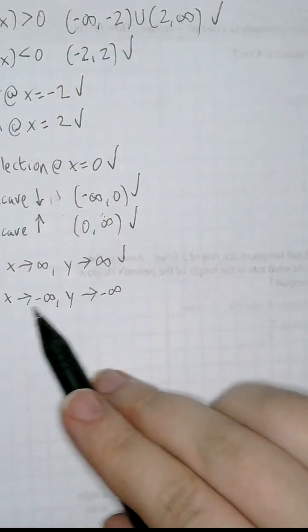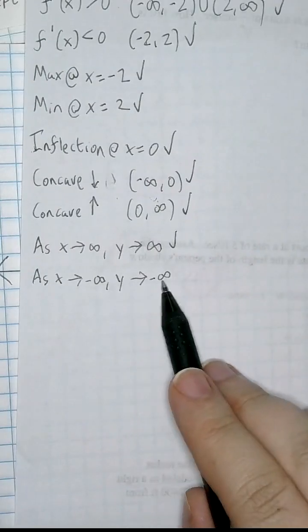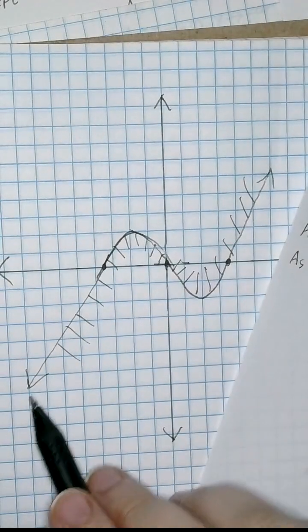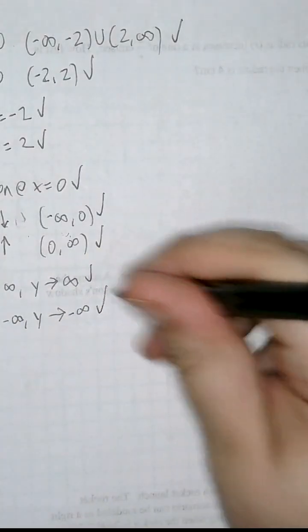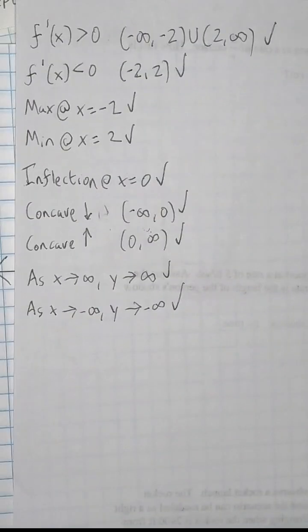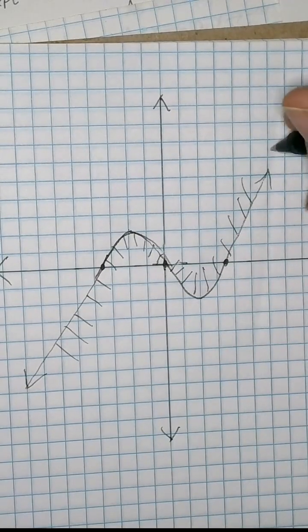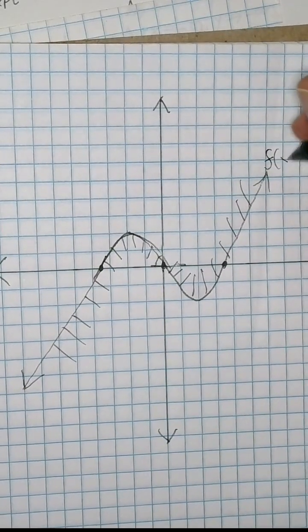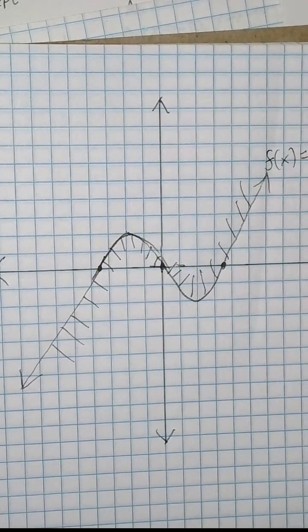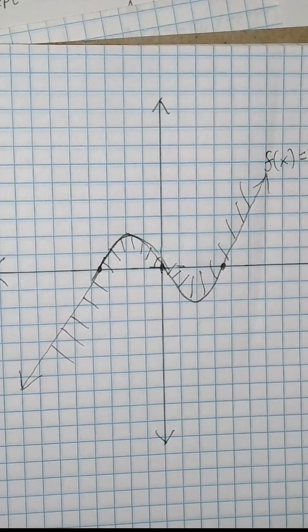And finally, as x approaches negative infinity, y approaches negative infinity. So, yep, that appears to be the case. So check. So this satisfies all. So this is my best drawing of f of x equals x cubed minus 12x.